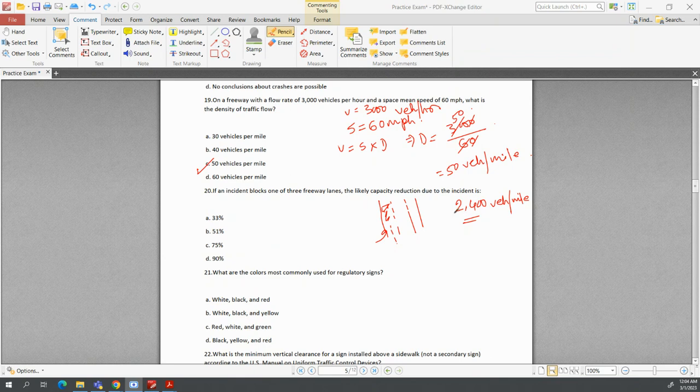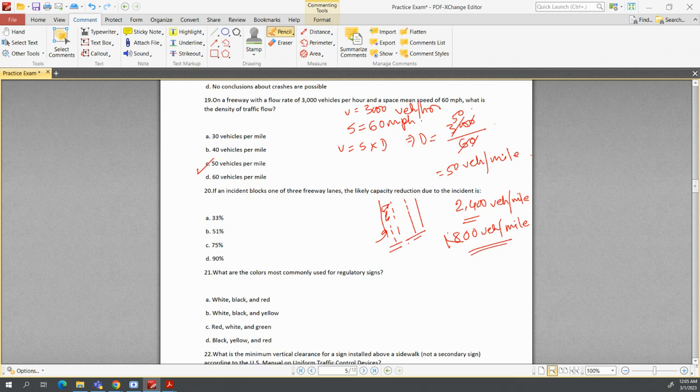So when this lane gets completely blocked, the other two lanes' capacity also gets reduced to around 1800 vehicles per hour. Okay, so it's a little bit variable. It actually becomes 1800, somewhere from there to 2400. So let's consider 1800.